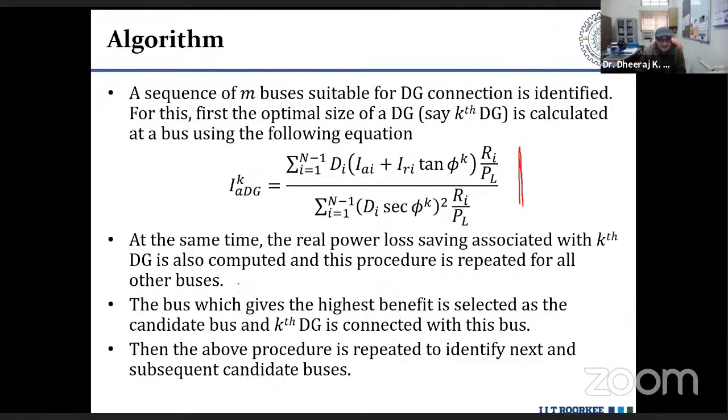And also we can compute the real power loss saving. This process we have to repeat for all buses. Once we have completed this procedure for all buses, we have to identify the bus at which we are getting the maximum loss saving.